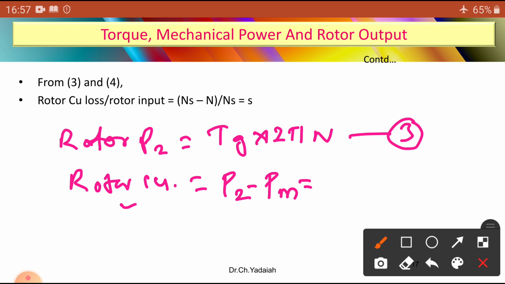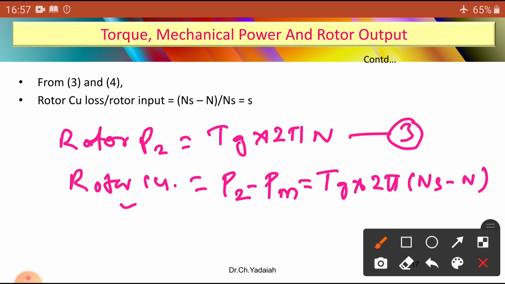The equation is Tg into 2π(Ns minus N). So this is the equation.